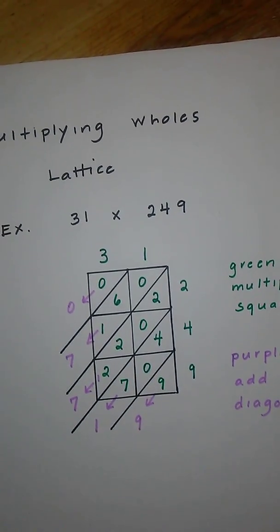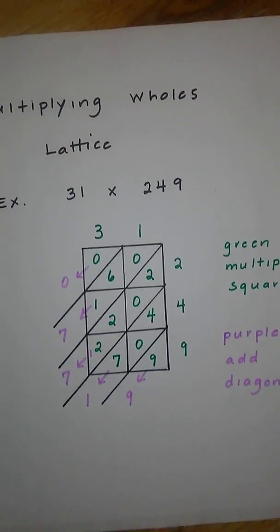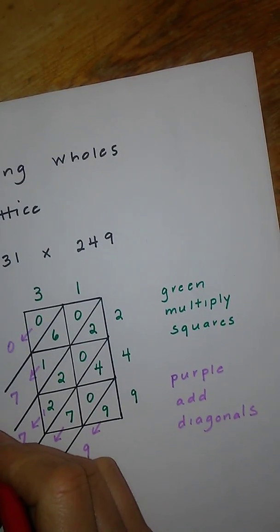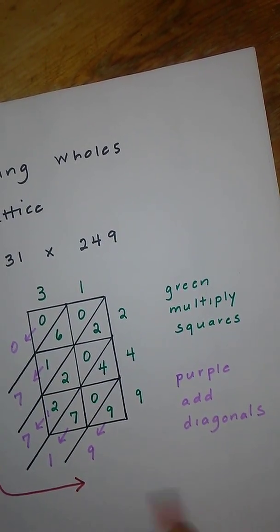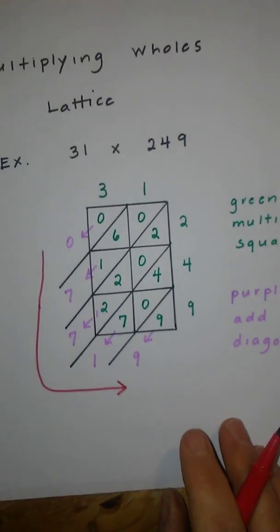Now all these boxes are not going to make any sort of sense to anybody who hasn't seen this process before. So what we're going to do is, oops, let me borrow my elbow, write our final answer by going around our lattice this direction.